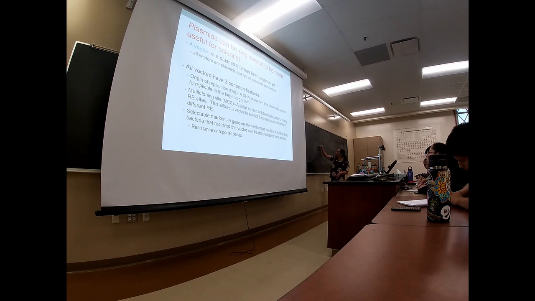This section would be called the MCS, multiple cloning site, because you have so many options where you could cut and paste, right? Because you're going to have to find a strategy that works so that you can cut with the same enzymes here and cut your gene with the compatible enzymes and stick them in. So a multiple cloning site gives you that capability.